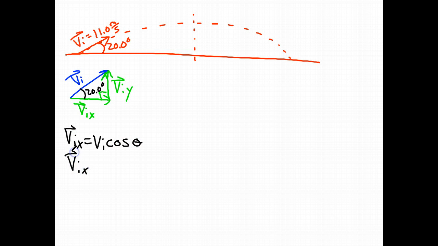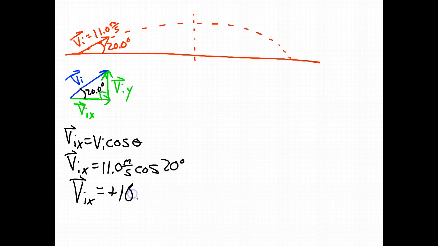So VIX would be equal to 11.0 meters per second cosine of 20 degrees. If you multiply that out, you get a positive 10.3 meters per second.